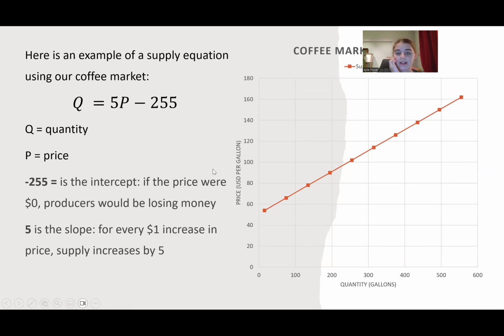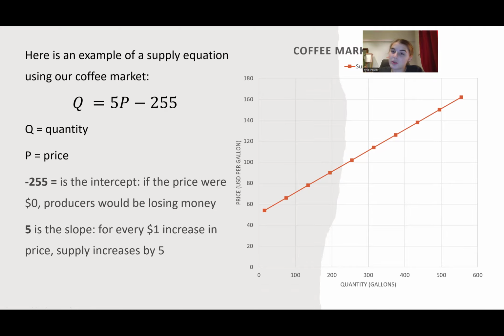So if we wanted to give an example, we're going to have something like this. You can't really see it here, it's not connected yet, but we're going to notice that wherever supply crosses that axis is going to be really low. That's because that's our intercept. If they're not charging anything and prices are zero, they're actually losing out.